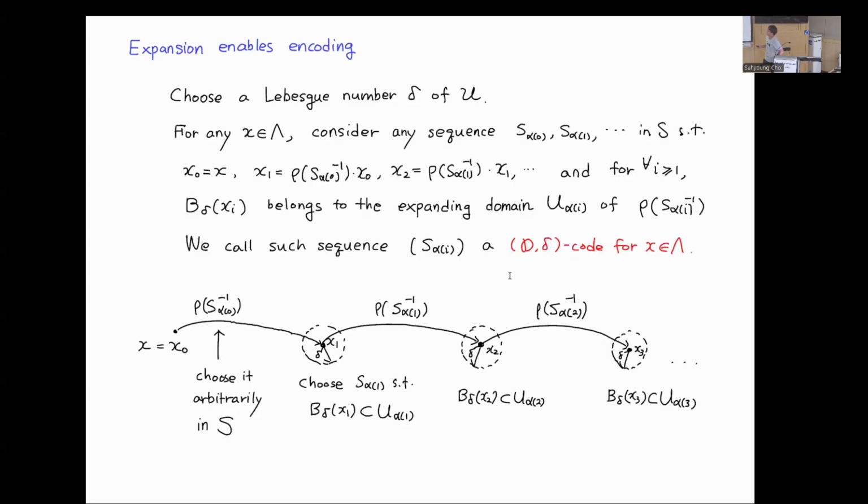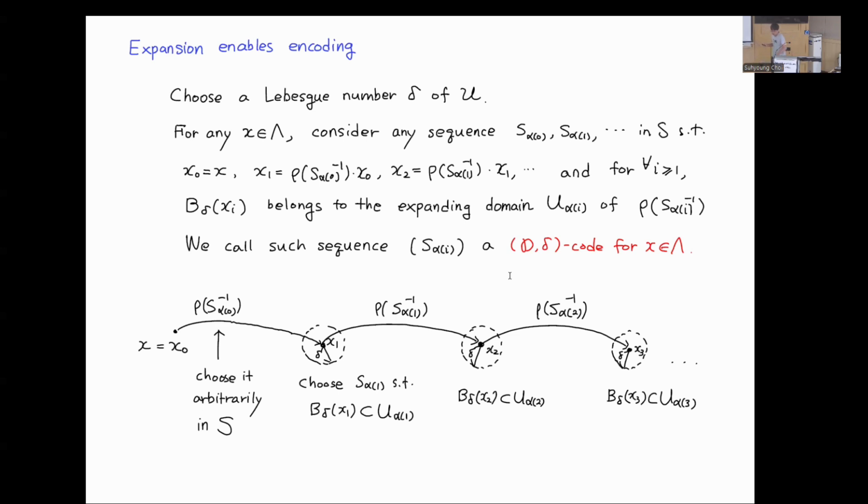Then you can find some encoding. So what is the encoding? First choose the Lebesgue number delta of the open cover U. Then for each point x in lambda, you can find a sequence of elements of S, like this.